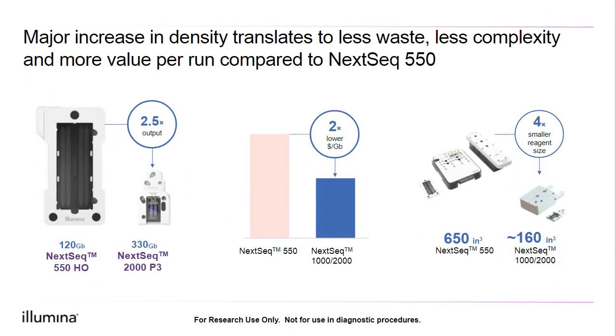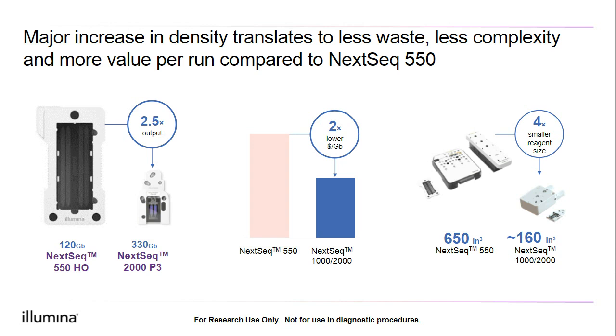The major increase in density also translates to less waste, less complexity, and more value per run when compared to the NextSeq 550. On the left-hand side of the screen, you can see the comparison of the NextSeq 550 flow cell to the NextSeq 2000 P3. This tiny flow cell allows for 2.5 times higher output when compared to the 550.